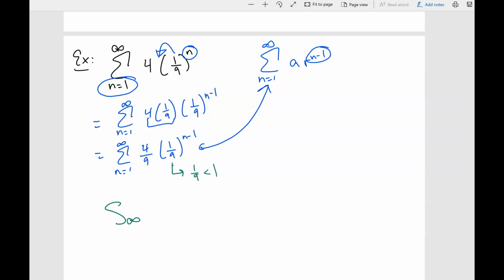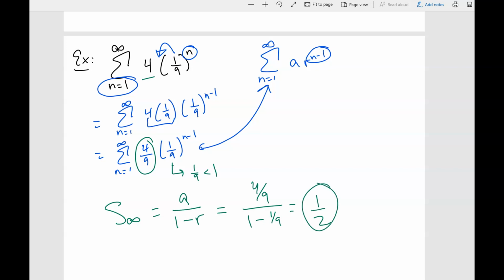So S sub infinity is going to be a over 1 minus r. A in this case is going to be this 4/9, which is really tricky because it is not this 4. 4/9 divided by 1 minus 1/9. So you have this 4/9 on the top, and then you have this 1 minus 1/9, and this is just going to give me 1/2.